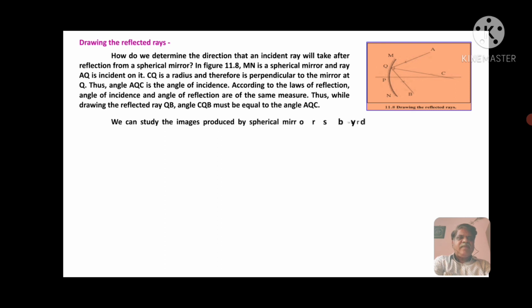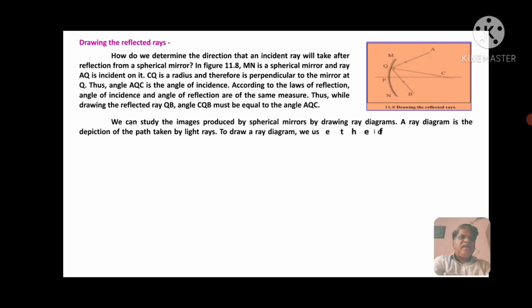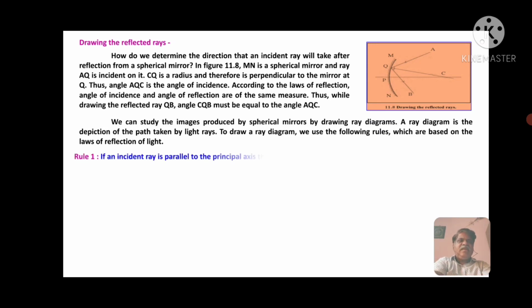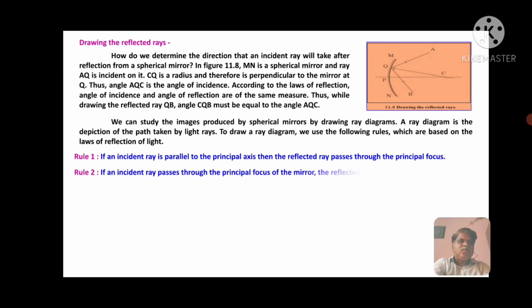We can study the images produced by spherical mirrors by drawing ray diagrams. A ray diagram is the depiction of the path taken by light rays. To draw a ray diagram, we use the following rules, which are based on the laws of reflection of light. Rule 1. If an incident ray is parallel to the principal axis, then the reflected ray passes through the principal focus. Rule 2. If an incident ray passes through the principal focus of the mirror, the reflected ray is parallel to the principal axis.